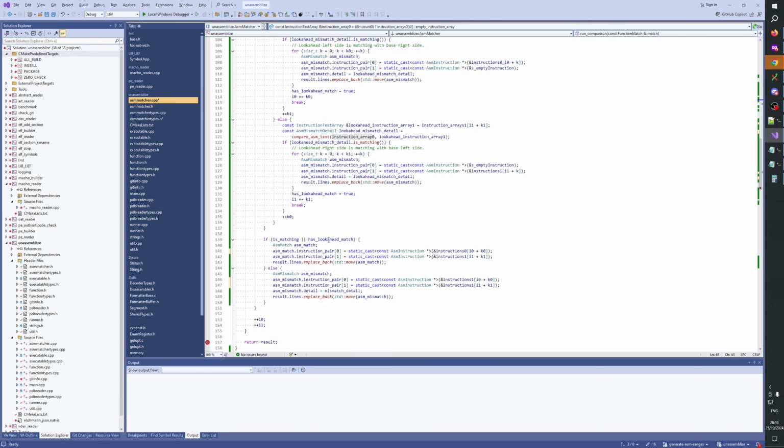Yeah, because basically, if it has the look ahead match, we already know at this point that we have a match at this position that we already determined. That's why we can say if is matching or has this look ahead match, then we have a match here to push back.